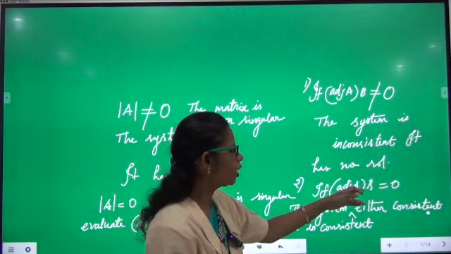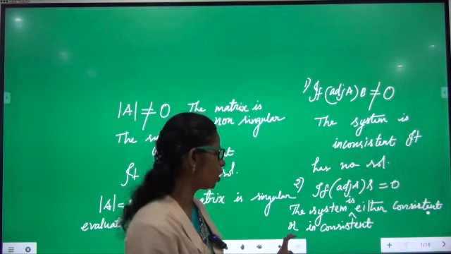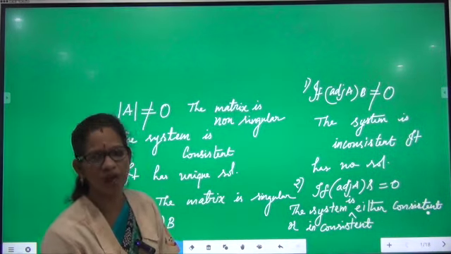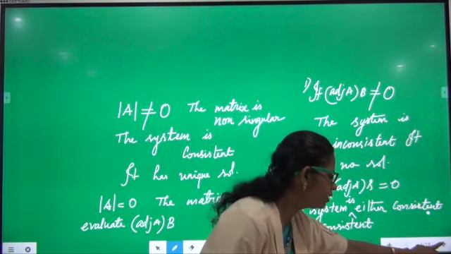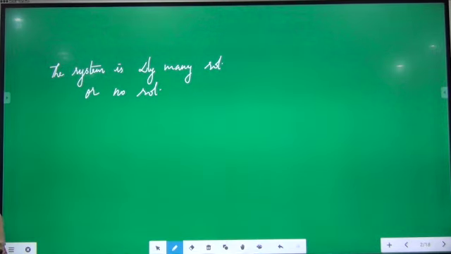Suppose your adjoint of A into B equals 0, the system is either consistent or inconsistent, with no solution or infinitely many solutions. Now I am going to move to the exercise.